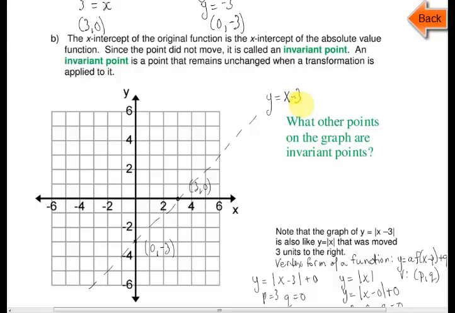Okay, now our absolute value function is, and if we compare it to the one that we looked at earlier, which is y is equal to the absolute value of x, okay? So whatever x is, the absolute value of that number is always going to be positive, which means that y is always going to be positive.